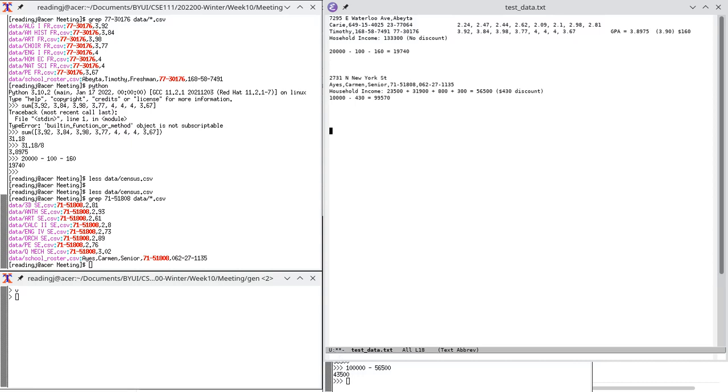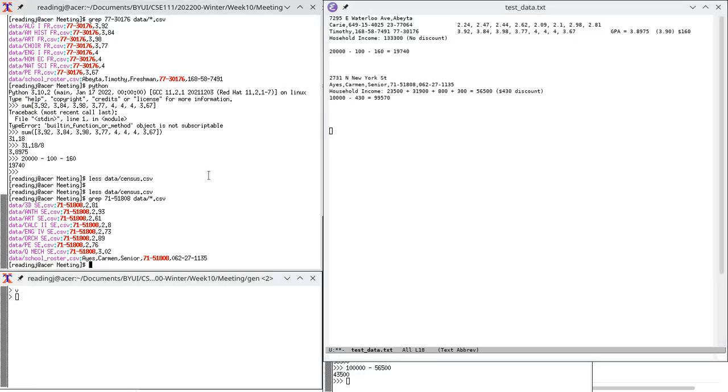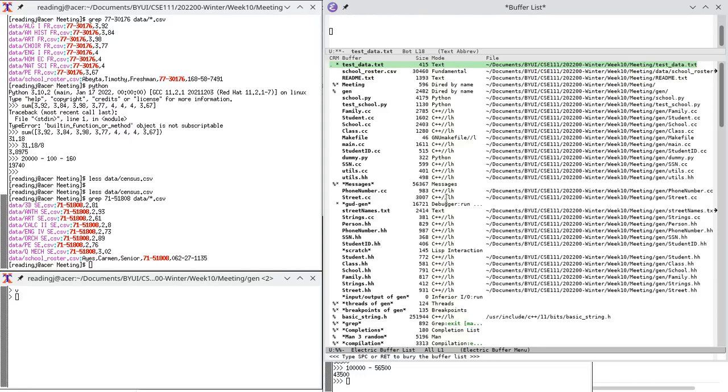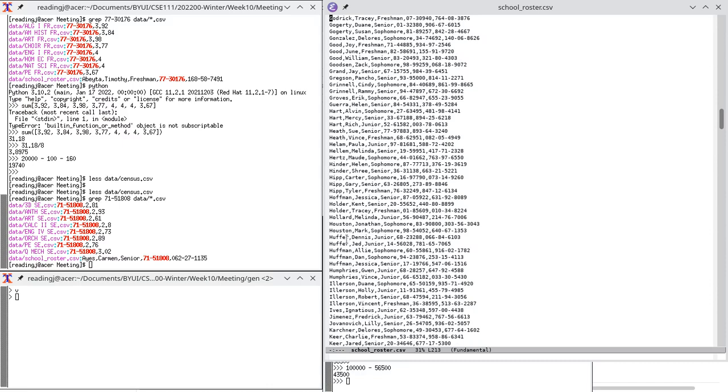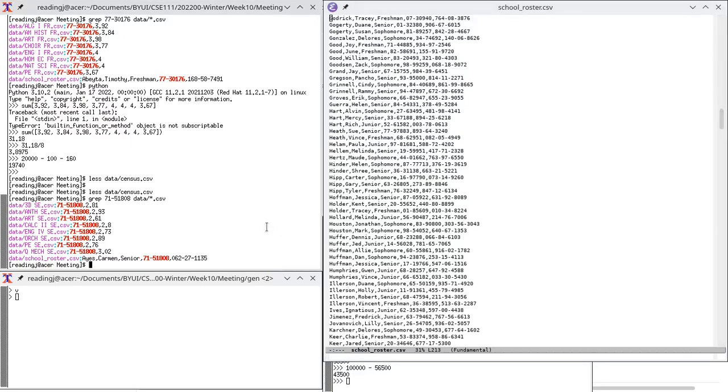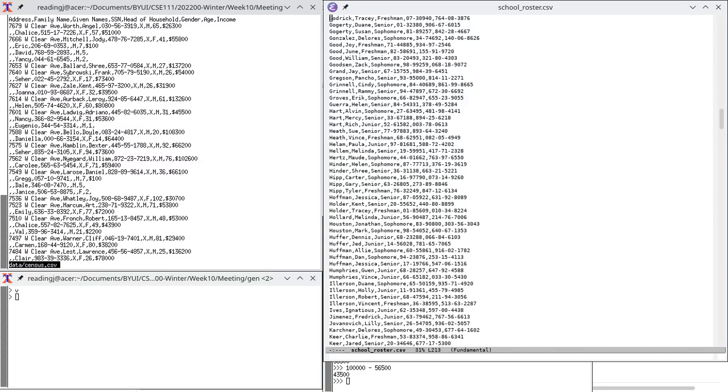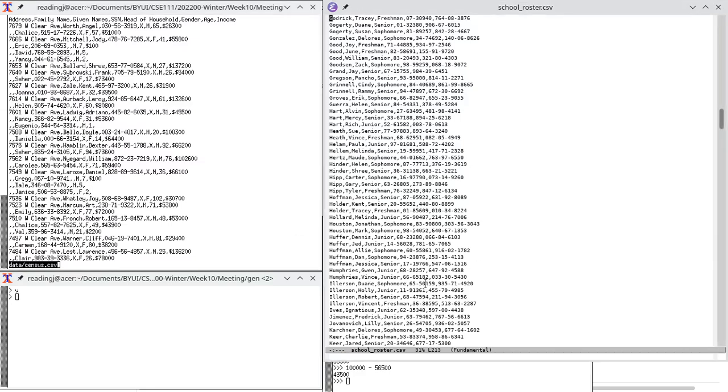Okay, now let's find a family that has more than 3 kids. So we need to come back over here in the school roster, go down a ways. And I'm just scanning through this visually. So how about Illerson? There's 4 Illersons here. And let's look for this social security number.